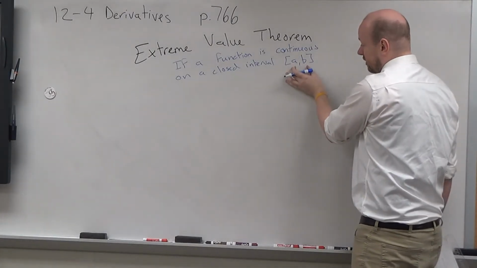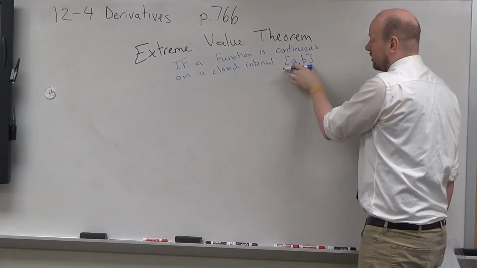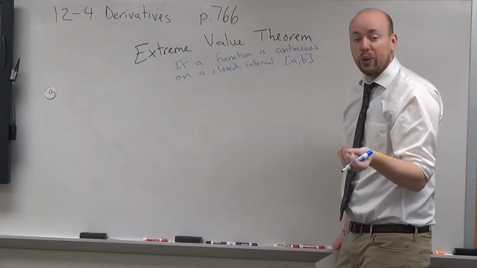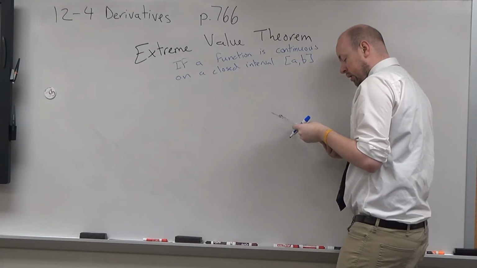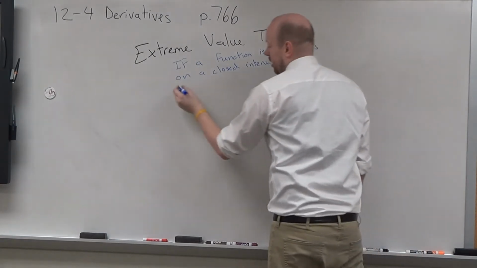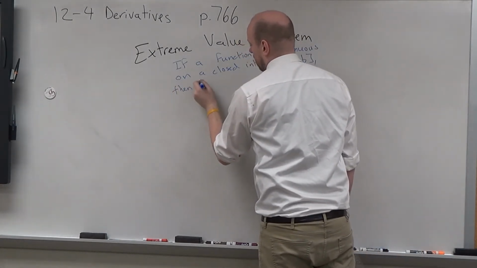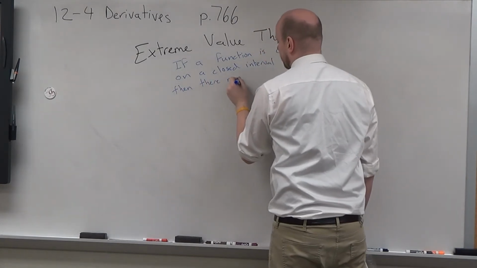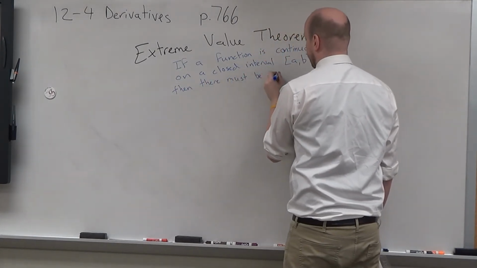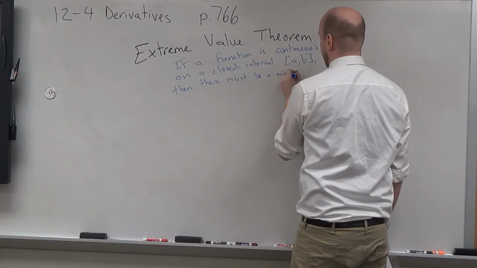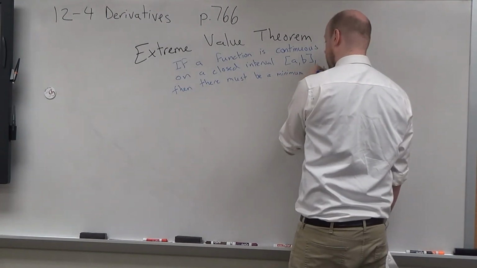Remember, interval just means from a to b, and closed means those brackets, meaning we're including the endpoints. Then there must be a minimum and a maximum.